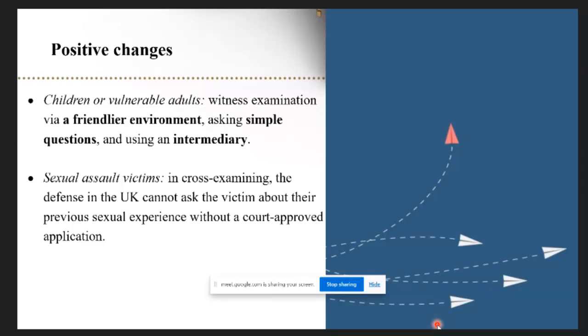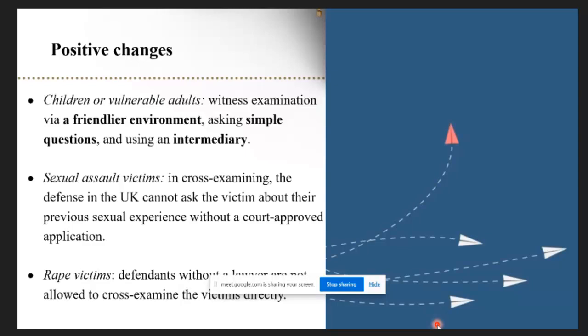So in cross-examination, the lawyers or the defense cannot ask about any previous sexual experience of the victims, so as not to cause some damage to their mental and psychological health. And the same goes for rape victims.